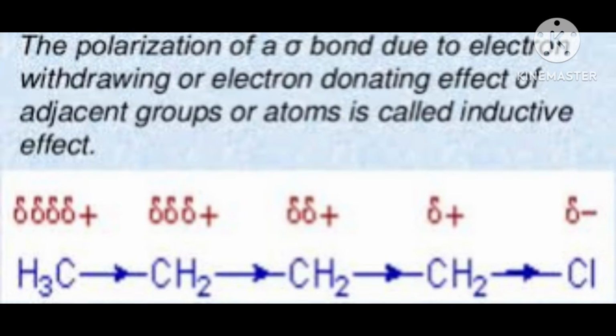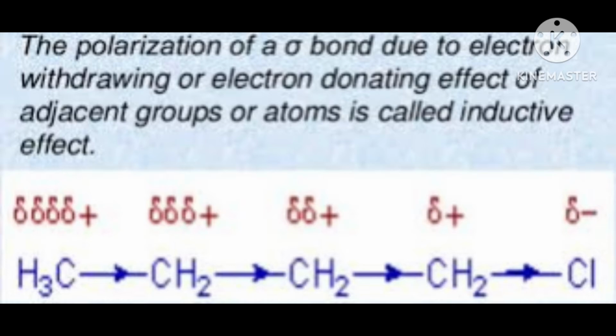Yesterday also I discussed reaction mechanism, and now I am starting nucleophiles and electrophiles. A reagent that brings an electron pair is called a nucleophile.